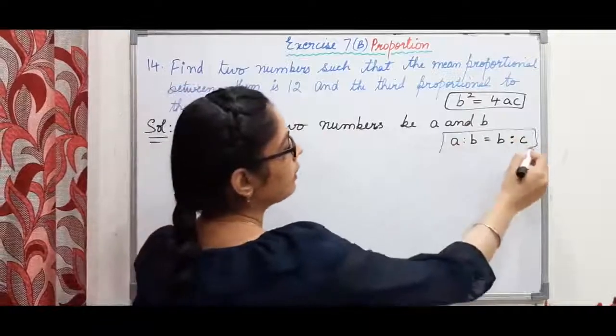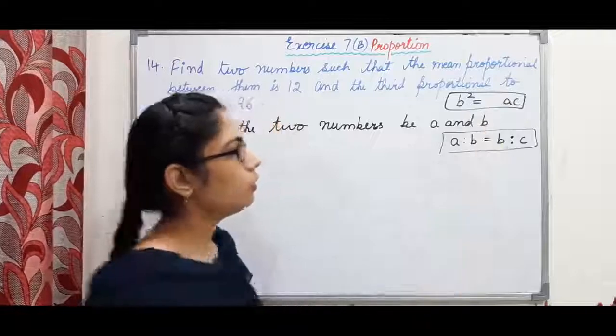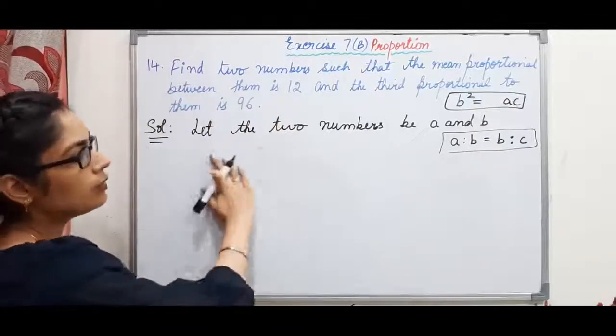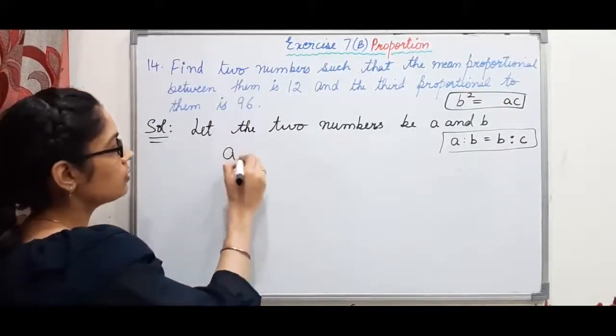From this we get b square equals ac. Now these numbers we have already assumed, so the first equation will be this.